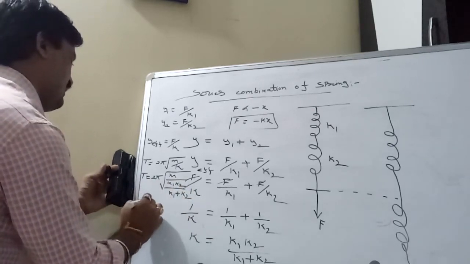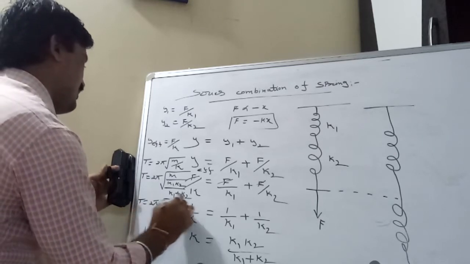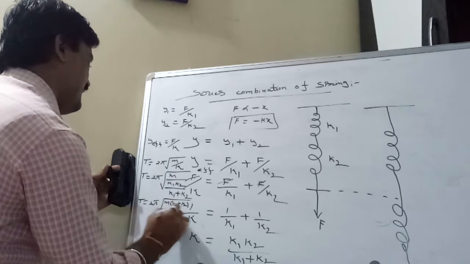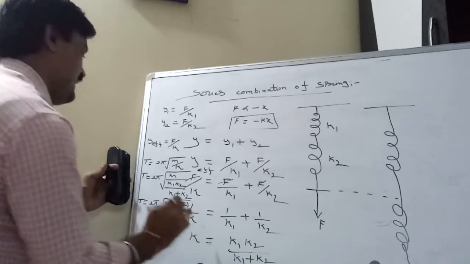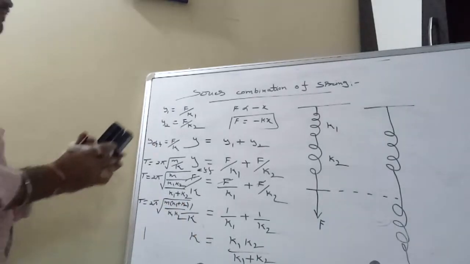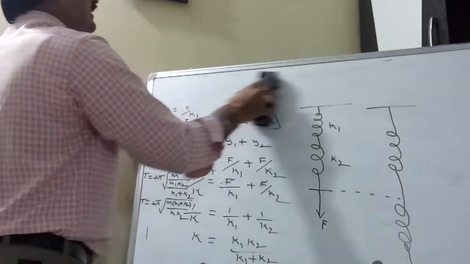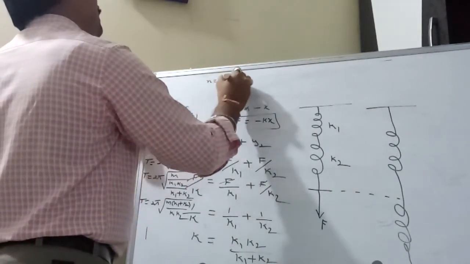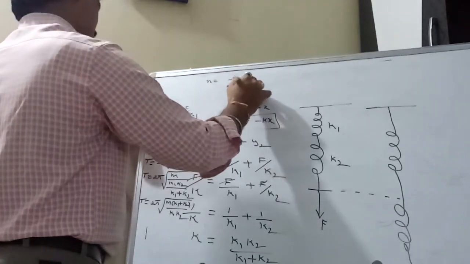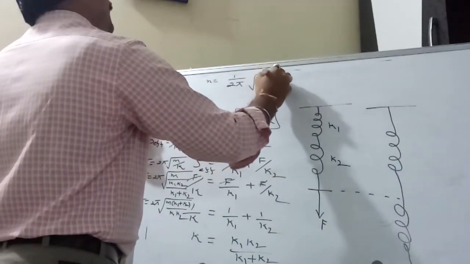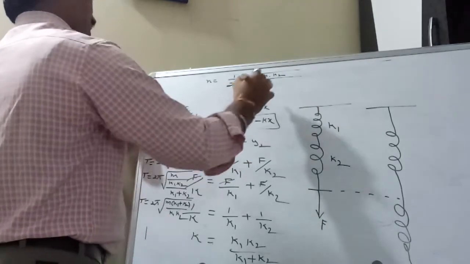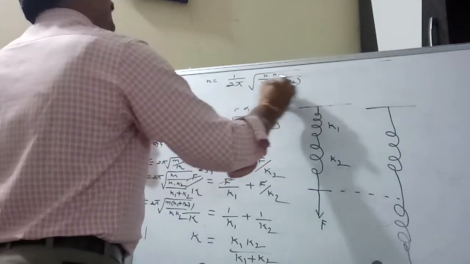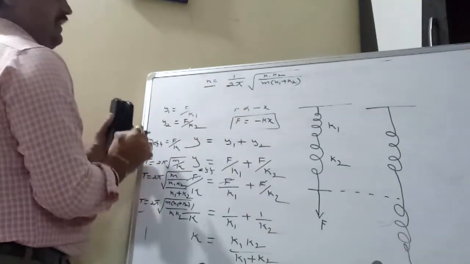So T is equal to 2 pi root m into (K1 plus K2) by K1 K2. This is the time period of the system. Frequency n is equal to 1 by 2 pi into root K1 K2 by m into (K1 plus K2).